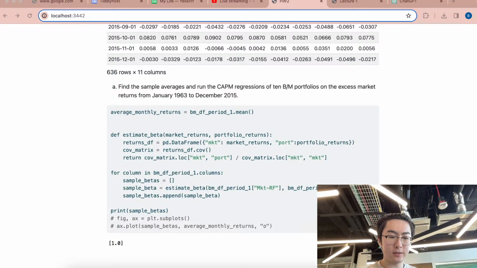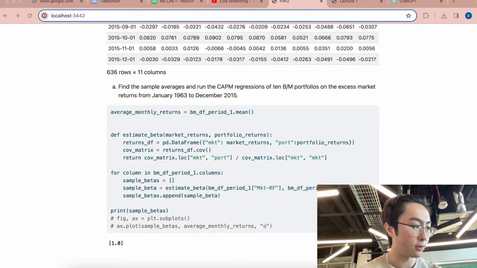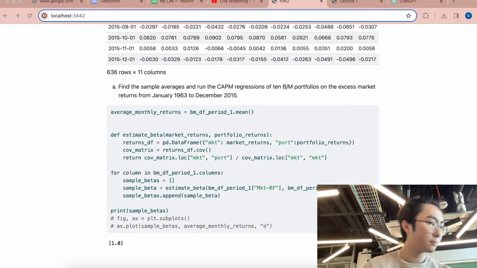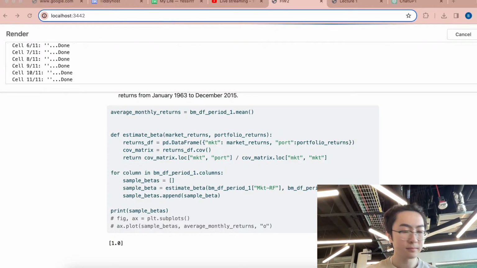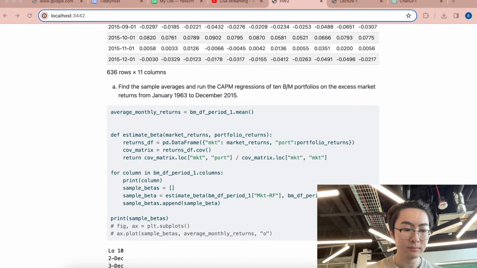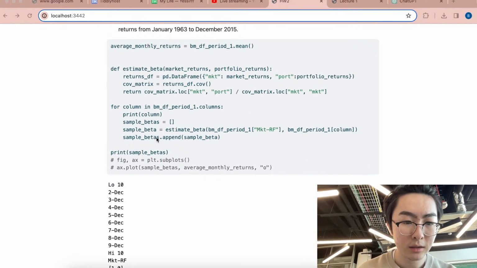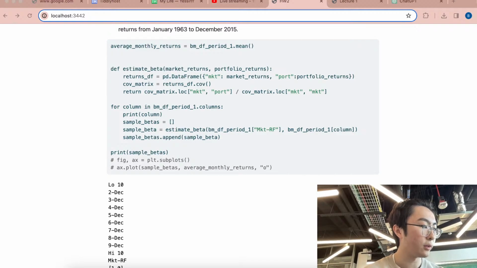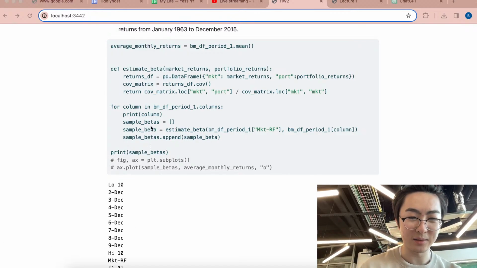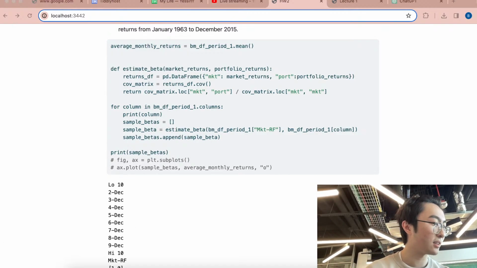Okay, it seems like this thing is just not iterating through anything at all. Print column. So it is iterating. Oh, right, because every single time I was going through the next iteration, the list just resets itself.